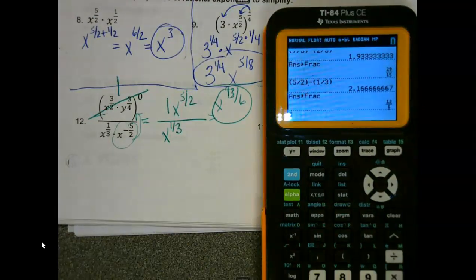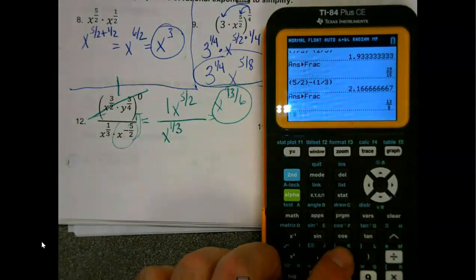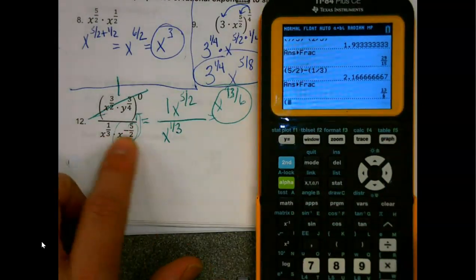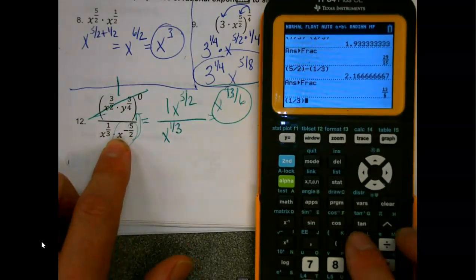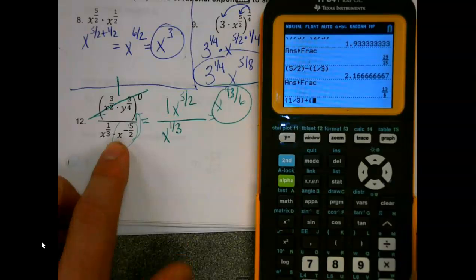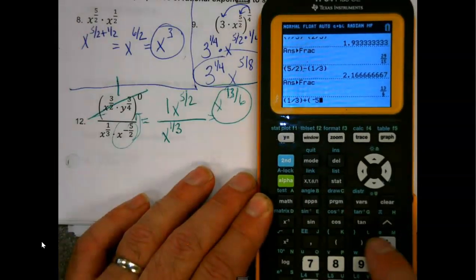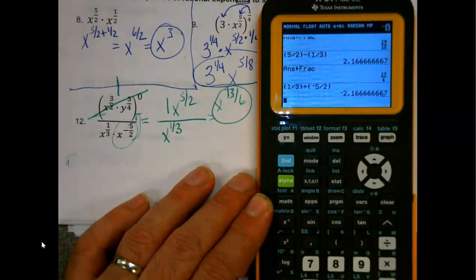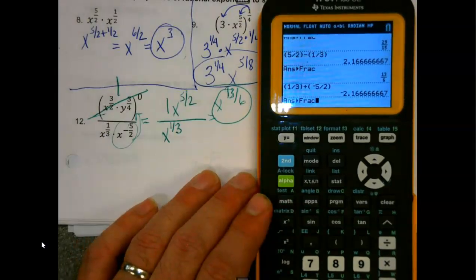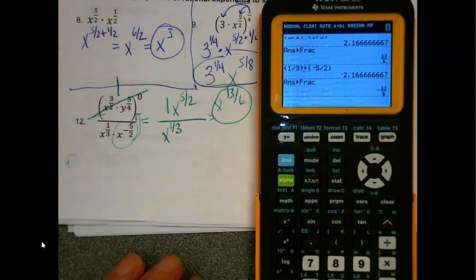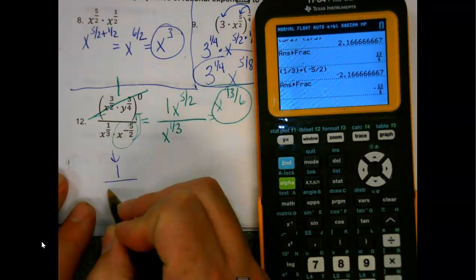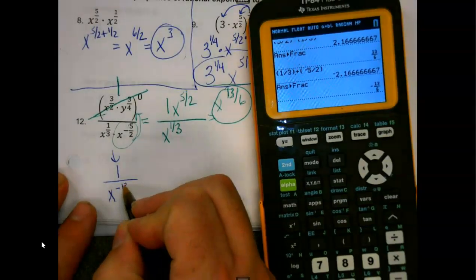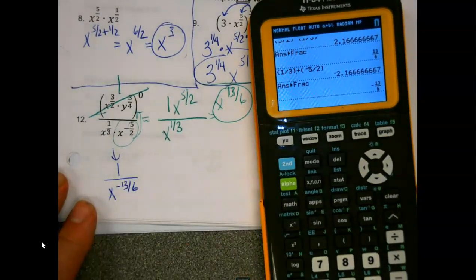You could, right at the start, you're multiplying. You could add those. That would work. 1/3 plus negative 5/2. Math, enter. Now, if you did it that way, you'd end up looking like this. You'd have 1 over x to the negative 13 over 6.